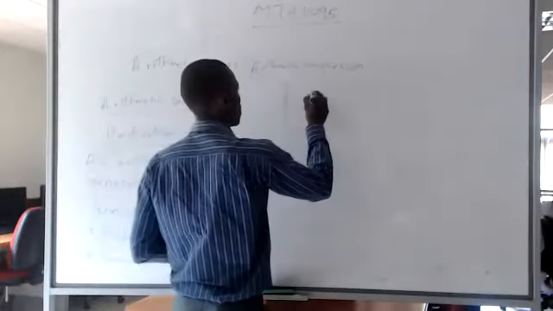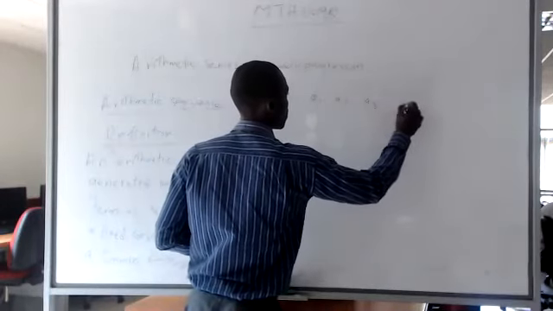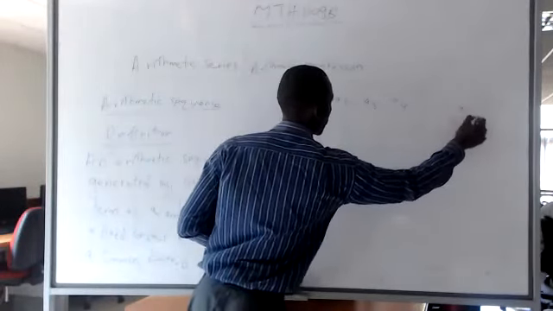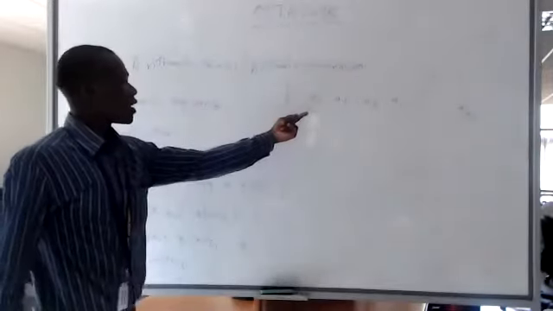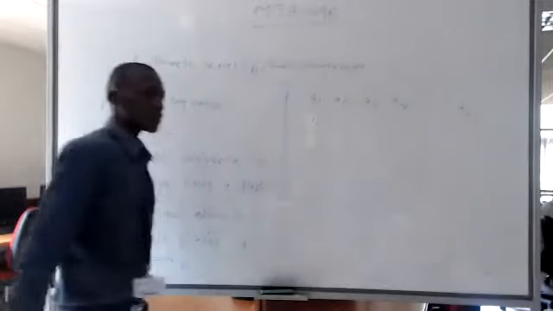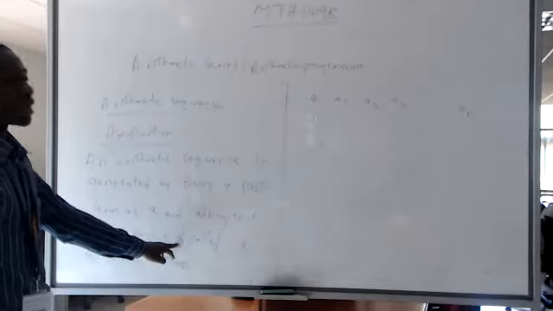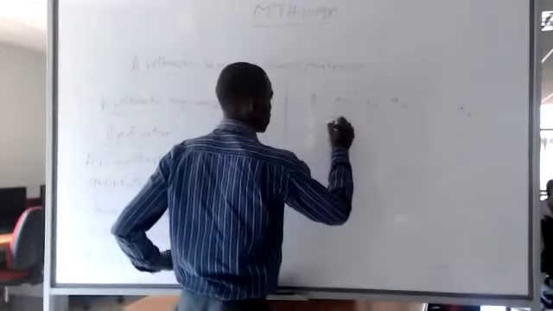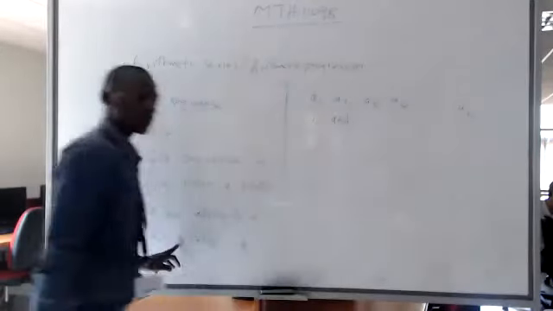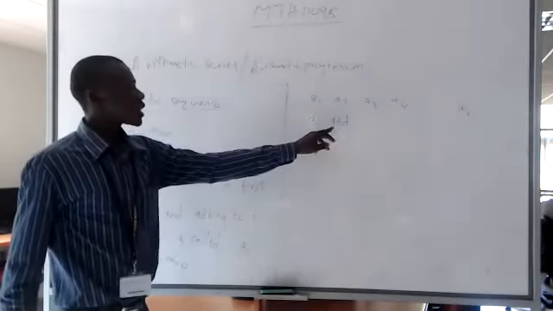So that means if my sequence is A1, A2, A3, A4, all the way to An, I will fix a first term. So I fix the first term with A. To find the second term, I add this common difference to A. So my second term will be A plus D. To find the third term, I will add D to the second term.